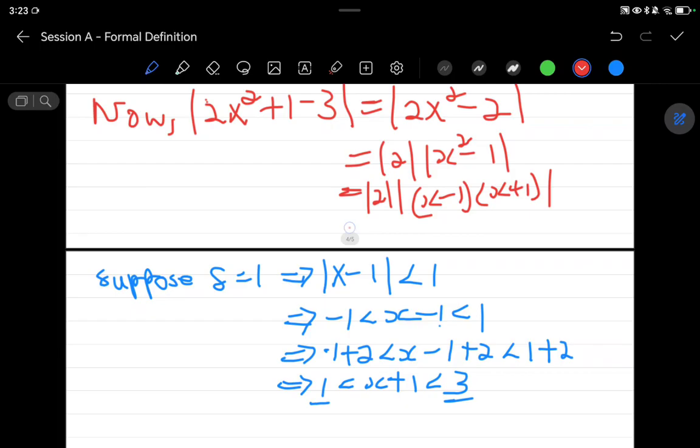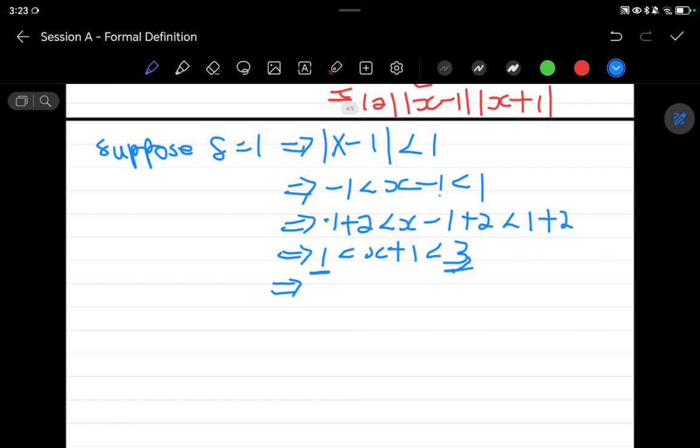Remember, here I must say the absolute value of x - 1 and the absolute value of x + 1. So I'm going to take the bigger one between 3 and -1. Which one is bigger? Here it is 3. So I'm going to add -3 here from the beginning. And when you put them, they should make sense.